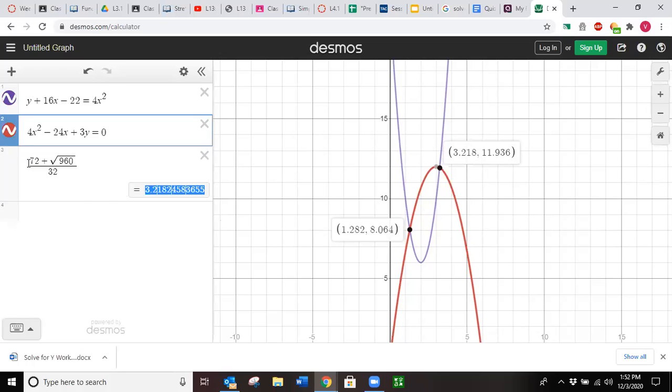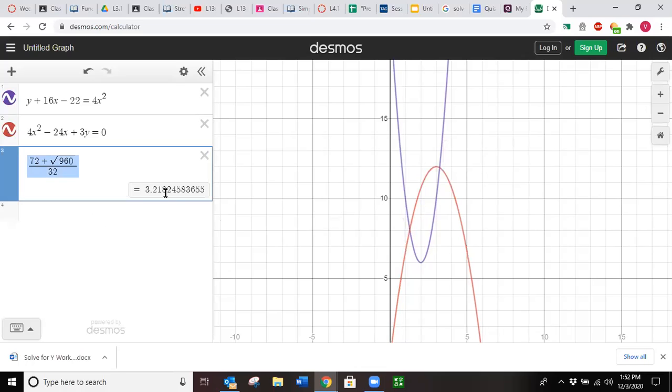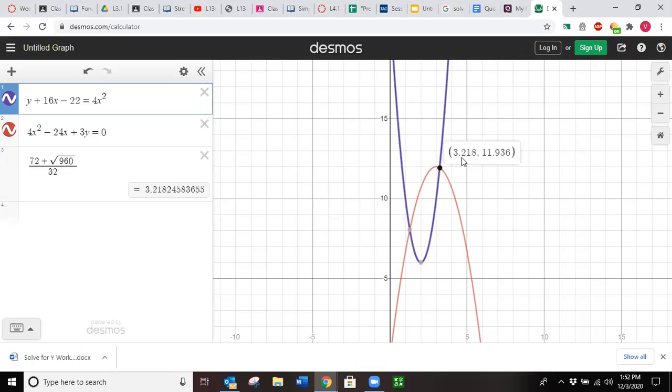So I did this by hand. This is what I got. This is the decimal I get out of it. In my graph, I can see that that number exists right here. So that tells me that one of my solutions is at 3.218, which is this, and 11.936. My other solution is going to be at 1.282.